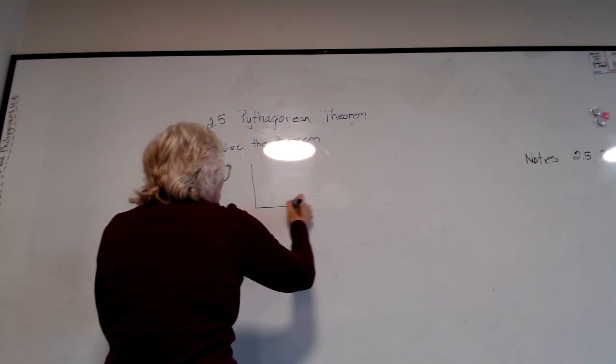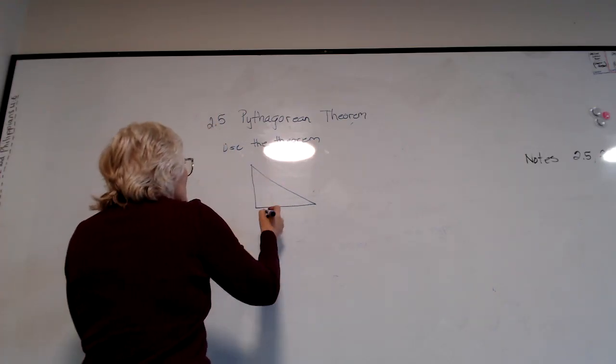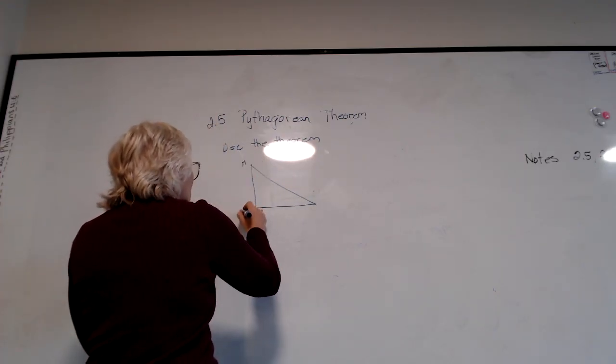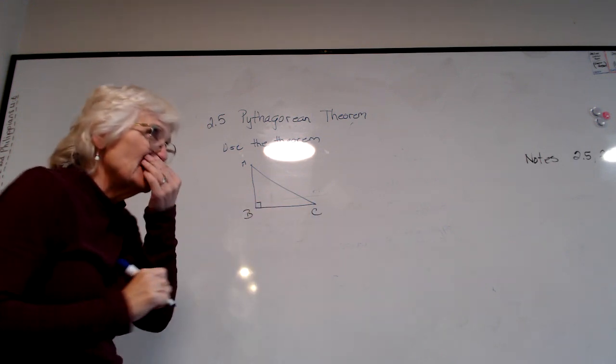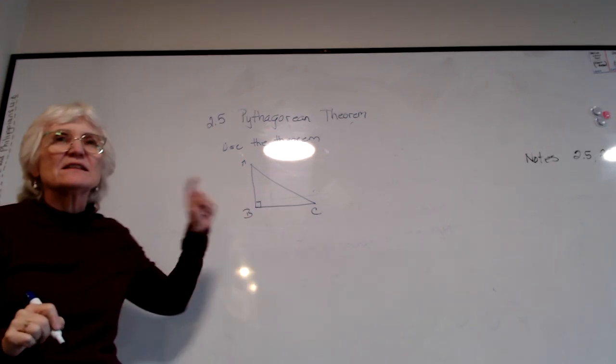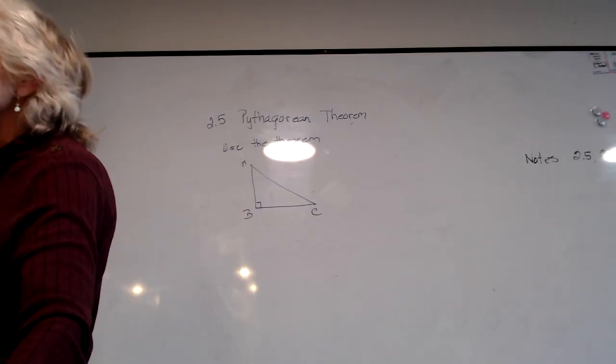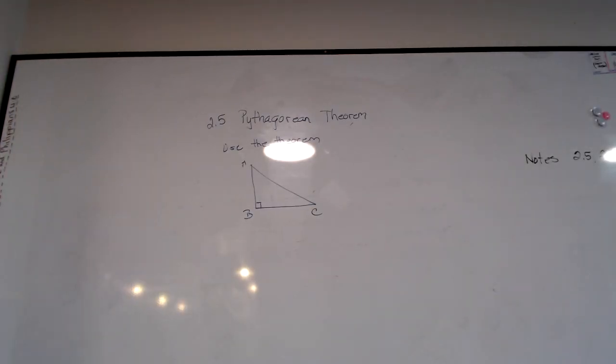Okay, I have this triangle. I have A, B, C. This is told that it's 90 degrees. This is how I indicate that something's 90 degrees. I make a square out of it. A square has all 90 degrees in a square, so that's why you make a square.